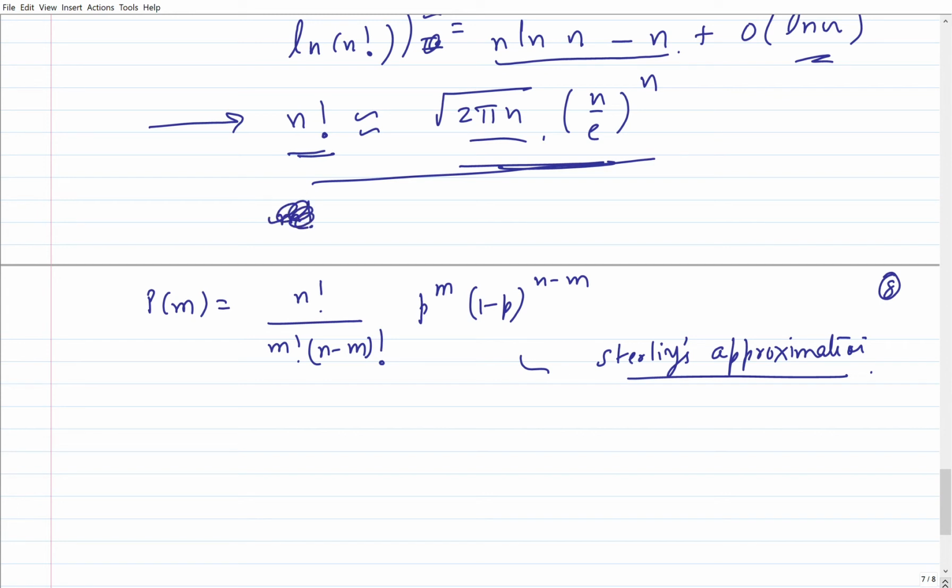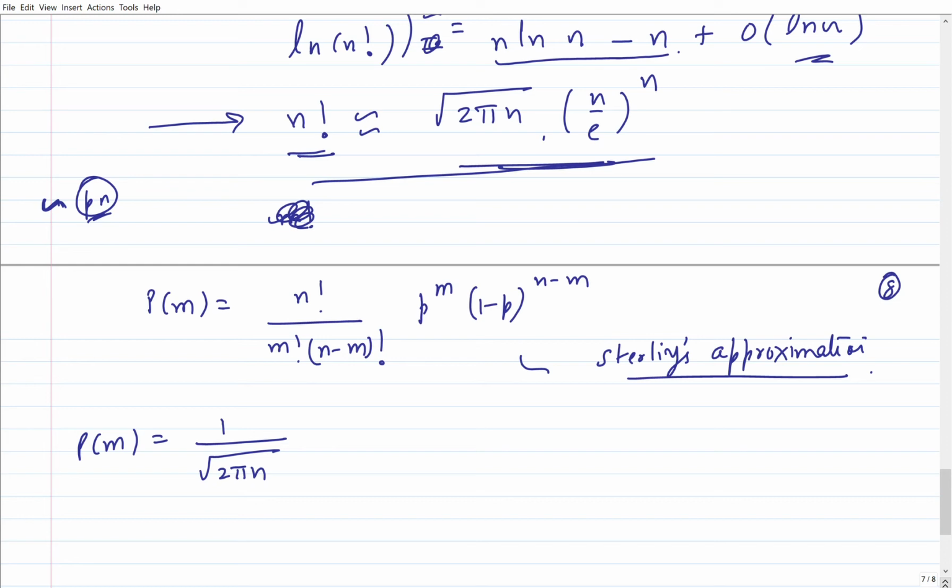When n is large, I roughly know that m is approximately peaked around np. So I can replace even m factorial by some sort of a Stirling's approximation, and I'm going to get P of m equals to square root of 2 pi n, and that is coming from over here somewhere.